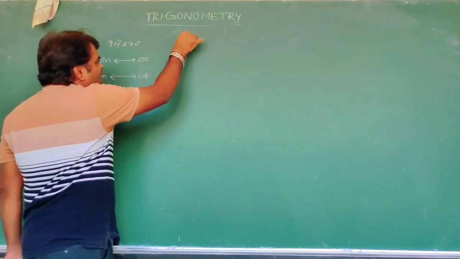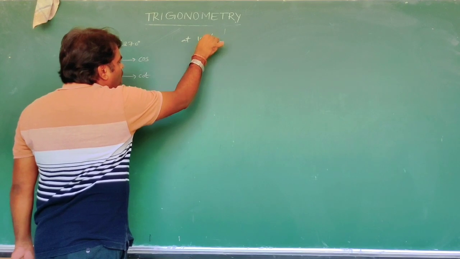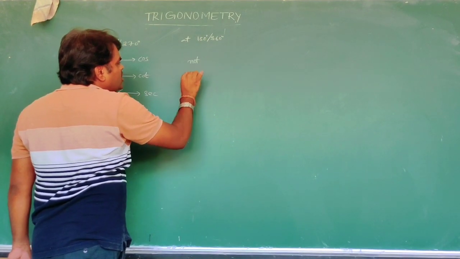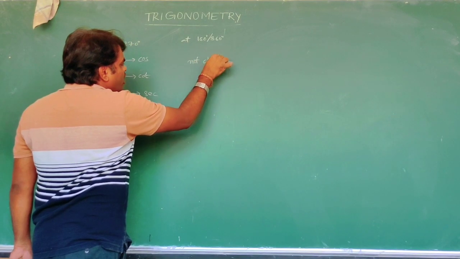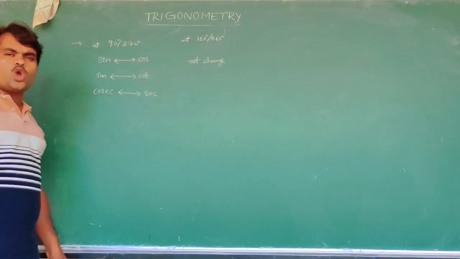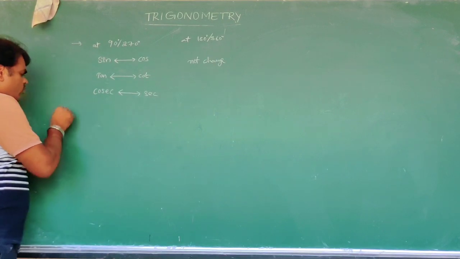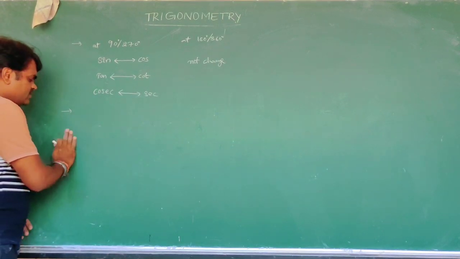At 180 degrees or 360 degrees, the ratios do not change. For example, we are finding the ratios for different angles.